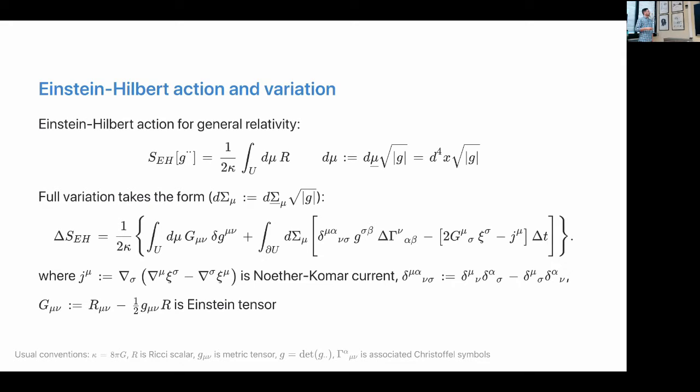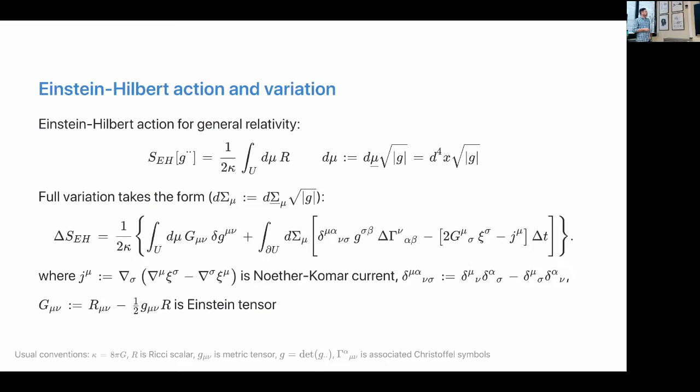And actually, what's neat about this current is that it is identically divergence free, and so you can actually get rid of this current on manifolds that are, I guess, topologically trivial.